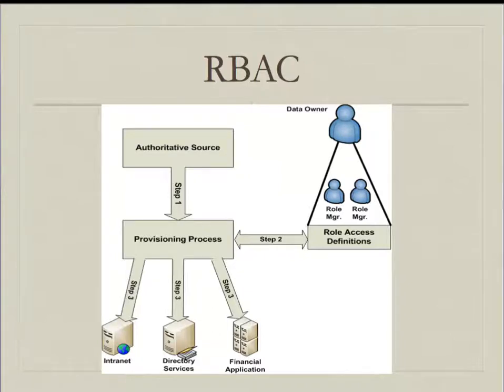Based on that job code, the provisioning system will go out to the appropriate applications or directory services, and directory services here is Active Directory, and configure accounts based on access. In the financial application, you might also have security set up that further refines that authorization.